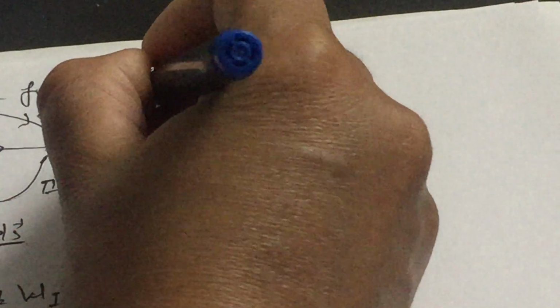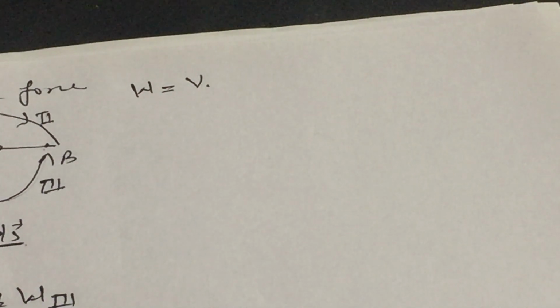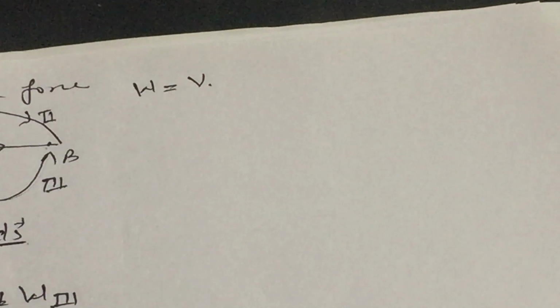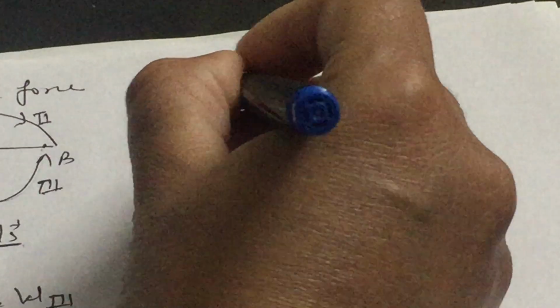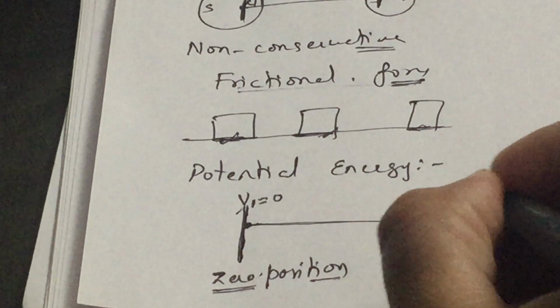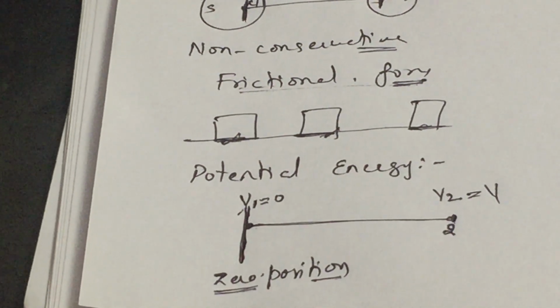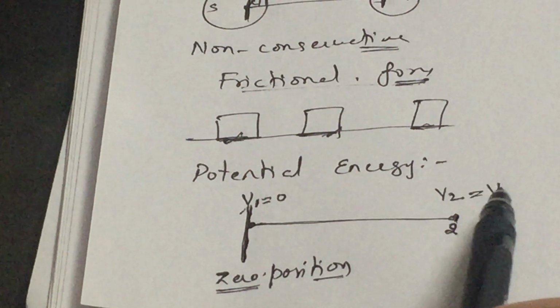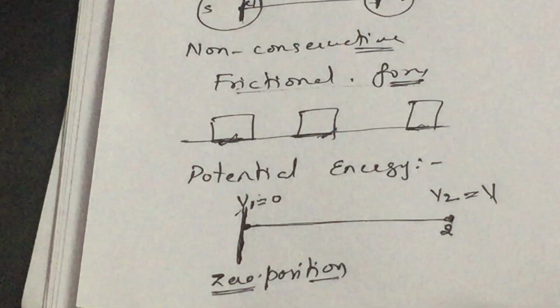It means work can be written in terms of potential energy, as we have written that the change in kinetic energy is equal to work done. If V is the potential energy at point 2, then what is the change in the potential energy? The change in the potential energy is V minus 0, which comes out to be V.